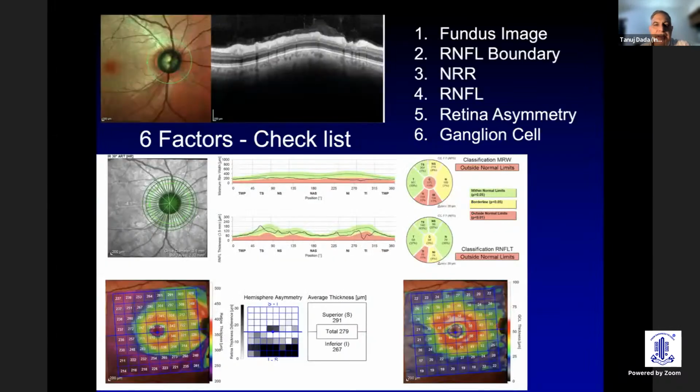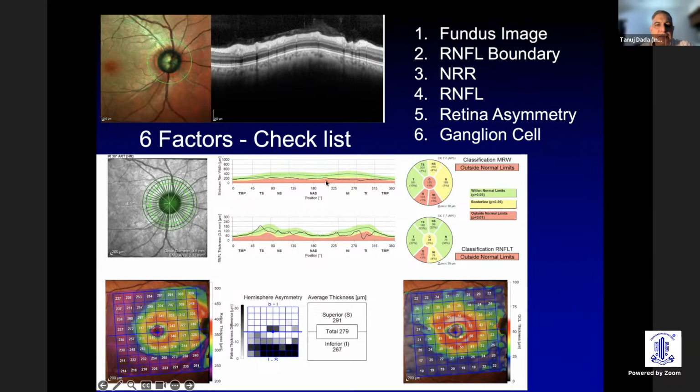Now, coming to the interpretation, it is very important that you capture the fundus image and see whether the scan is well centered. And before you interpret the OCT, always check the boundary of the retinal nerve fiber layer. This is a critical error that often takes place, whether the OCT has identified the margins of the retinal nerve fiber layer correctly.